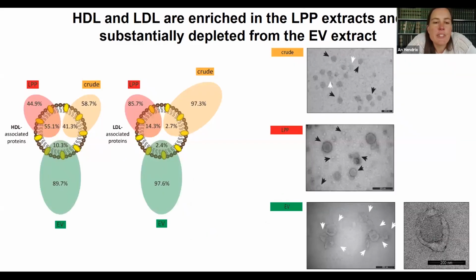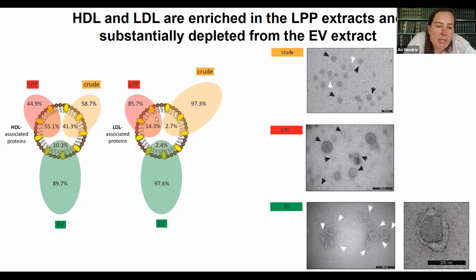If we take a further in-depth look into the proteomics data that we obtained, we can observe by searching the reported HDL and LDL proteome that has been established by the Chan and Davidson labs, that in the LPP extracts, we see 55% of the proteins are actually HDL associated proteins and 40% of those proteins are LDL proteins.